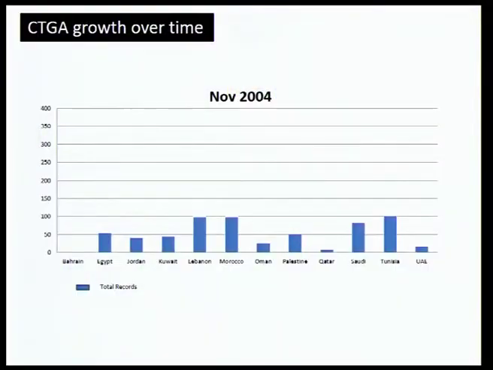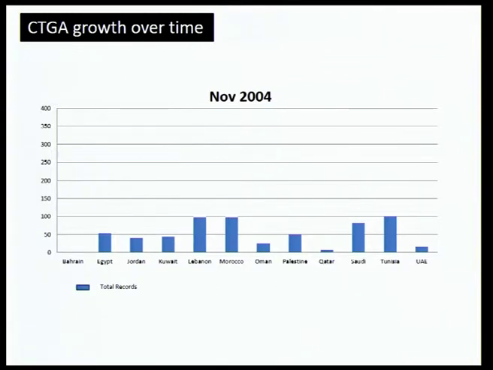If we fast forward through the numbers of records in the CTGA, you can see that clearly. In November 2004, the database had a small number of records, and at that point in time, there wasn't any distinction between molecular or phenotypic records. Probably there weren't many molecular papers anyway.